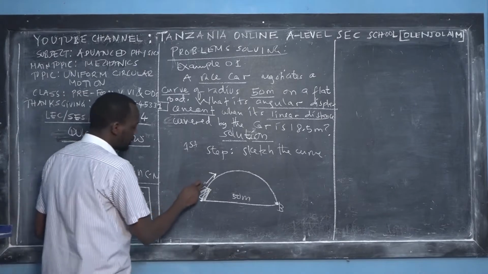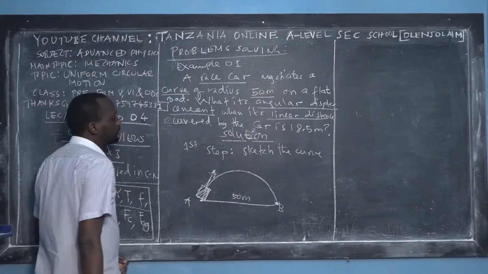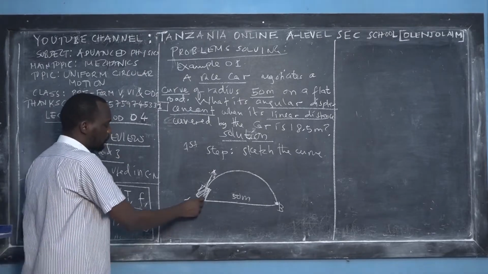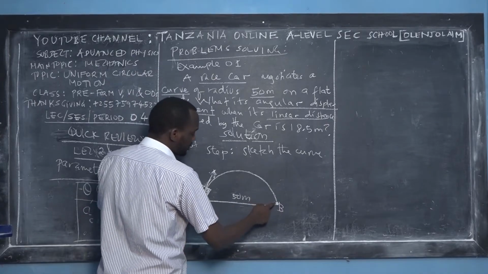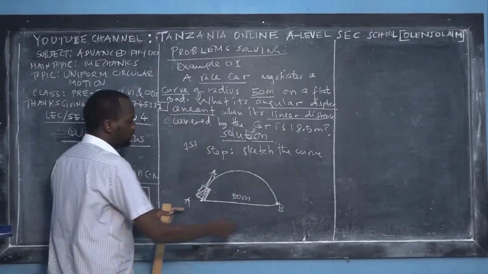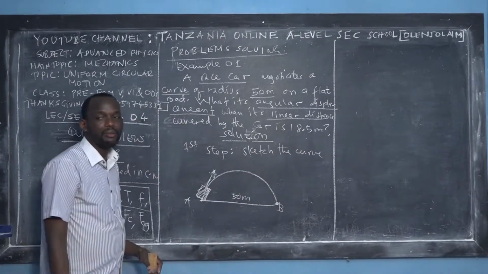So it has to result in tangential velocity. This is tangential velocity. If we take point A and point B and then straighten it, its length is equal to 18.5 meter at the minimum.